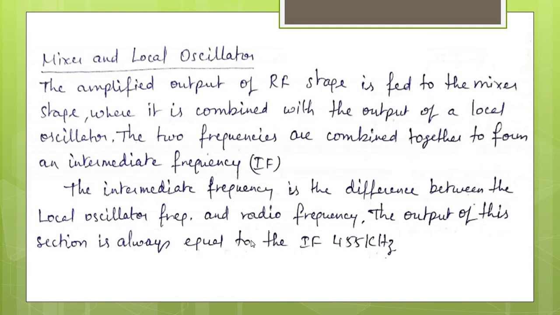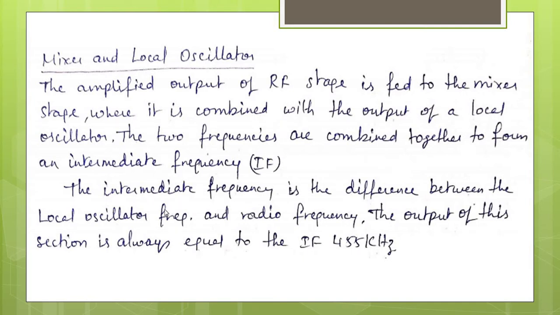Then we have a mixer and a local oscillator. The output of the RF amplifier is given to a mixer. Here it is combined with the output of a local oscillator. We have two frequencies, and they are combined together to form an intermediate frequency.